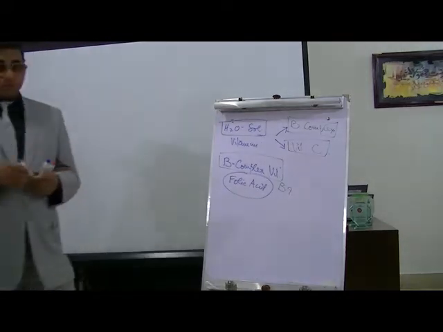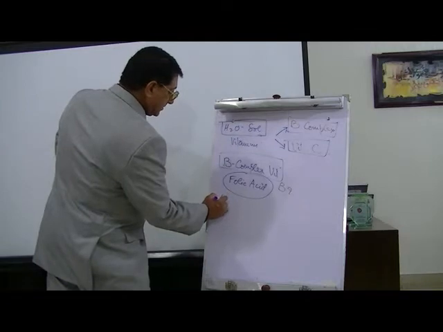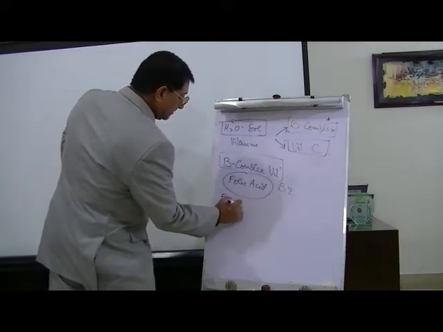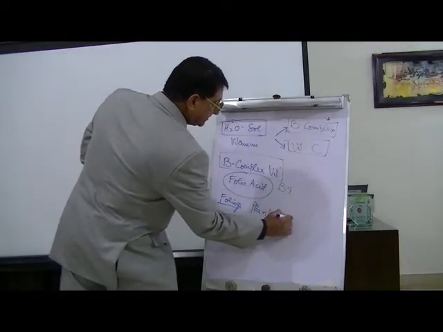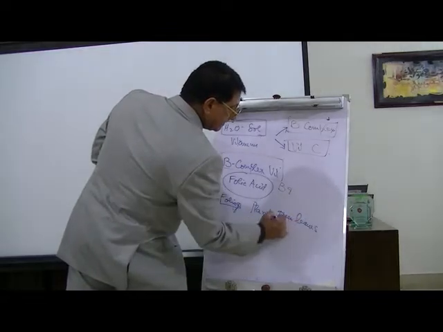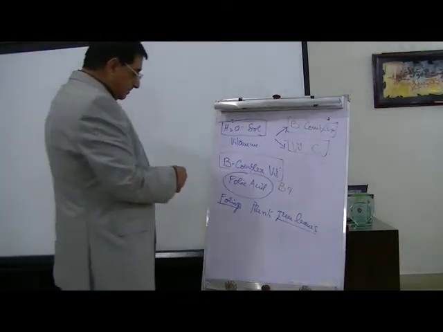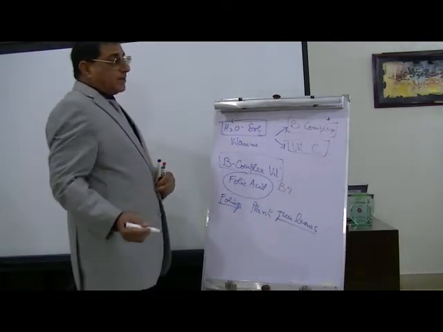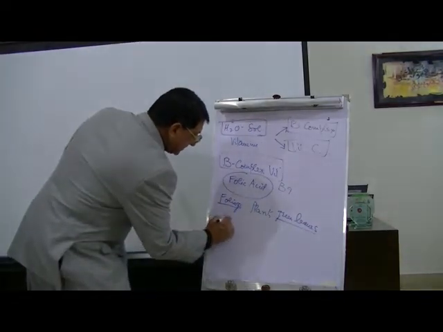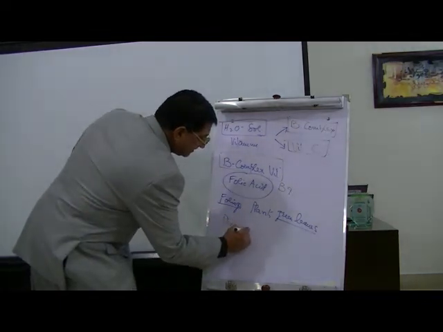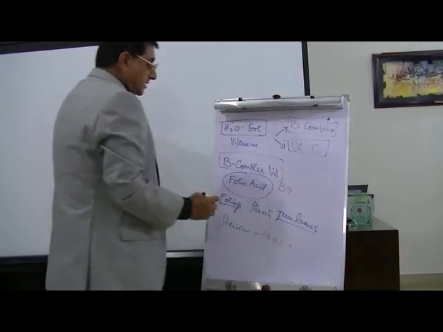Now, folic acid comes from the word foliage. That is, the source is plants, green leaves. Chemically, this is made up of three compounds: pyridine plus para-aminobenzoic acid plus glutamic acid.